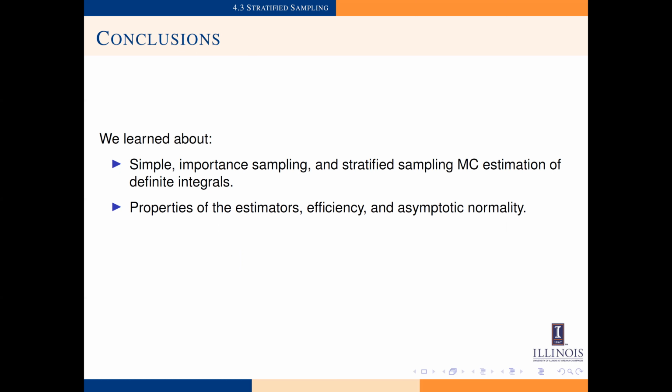We also learned about the properties of these estimators, for example, whether they are biased. All of them are unbiased and asymptotically consistent. We learned about the efficiency of these different kinds of estimators. And we also know that we can apply the central limit theorem, and the theta hats will be asymptotically normal, and we'll be able to use them to get the confidence bounds.